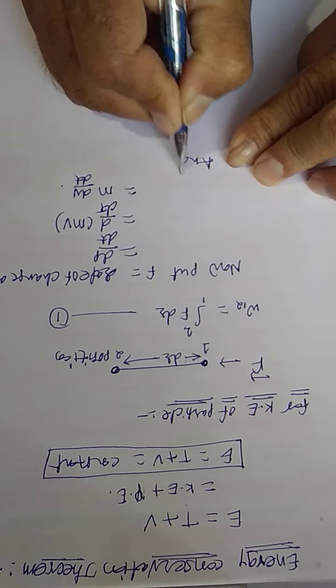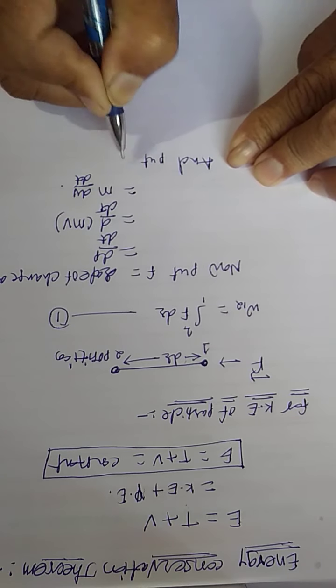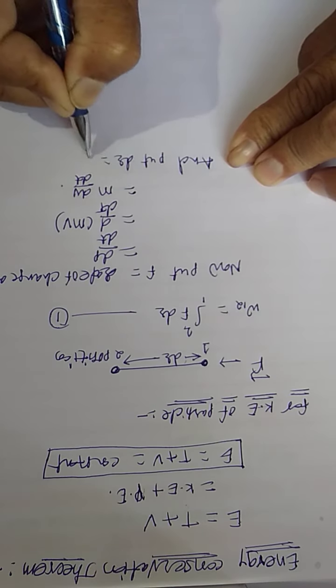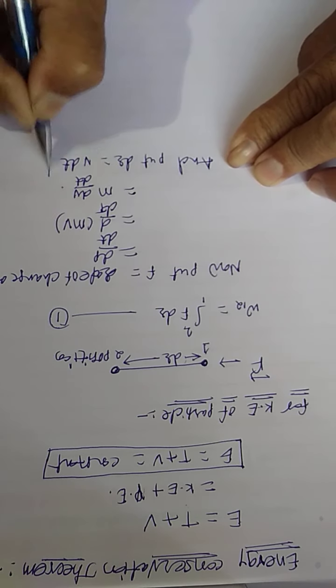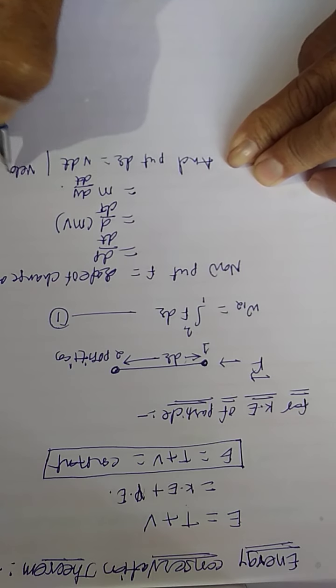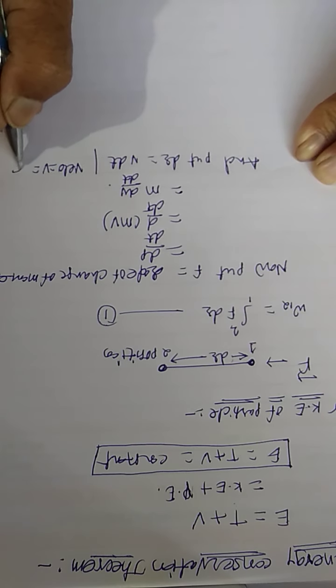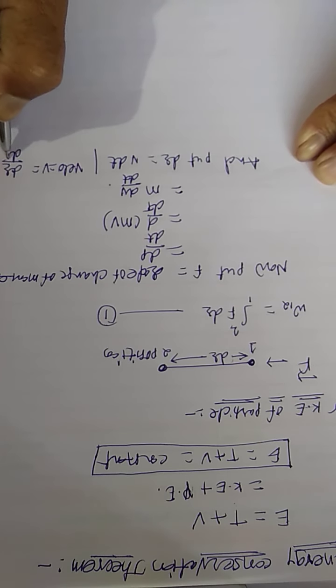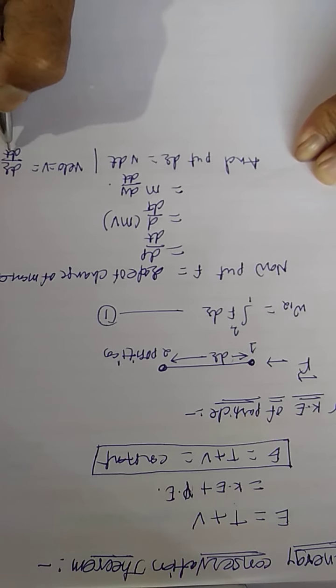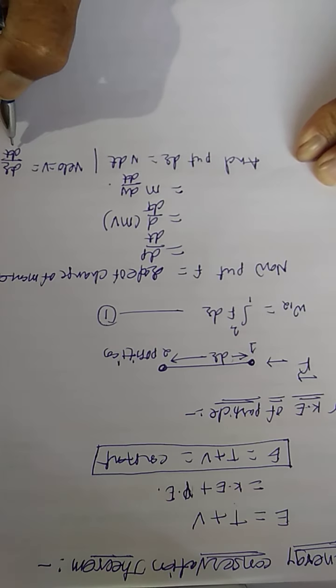And put dr equal to V into dt, because V is the velocity, which is the rate of change of displacement with respect to time. Therefore, dr equals V into dt.